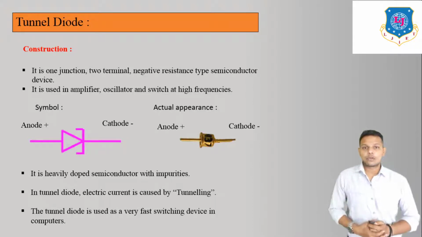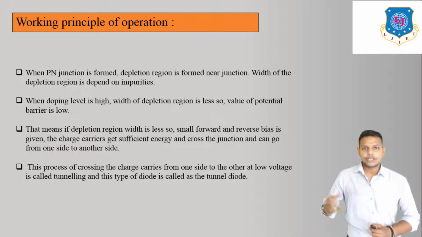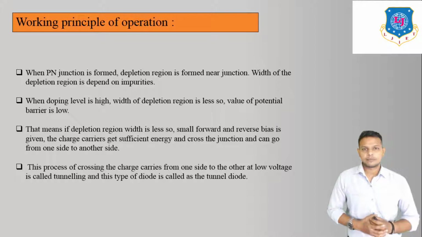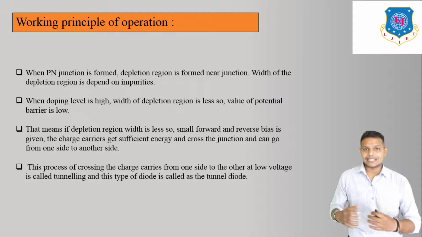So let us discuss why it is known as tunnel diode and what is tunneling. Here we can see, if we create a PN junction diode with the help of fabrication method or chemical process, the junction is developed between P and N type material. When it is in unbiased condition, a depletion region is formed in the P type and N type region. This depletion region depends on impurities.